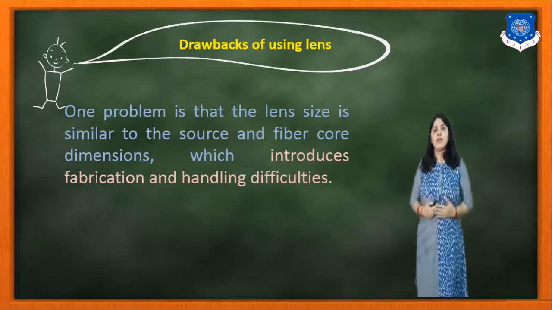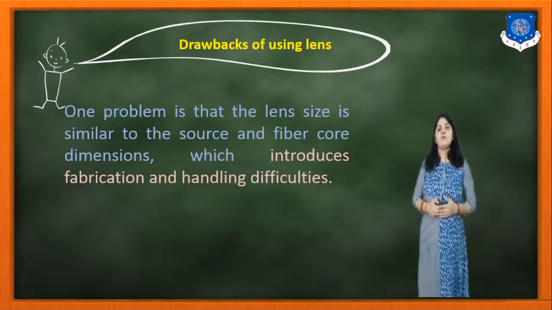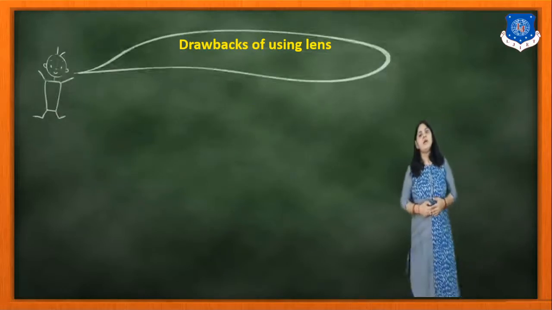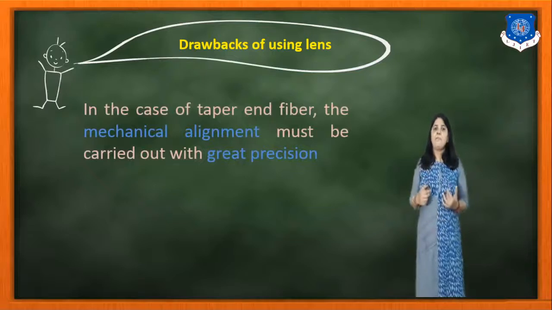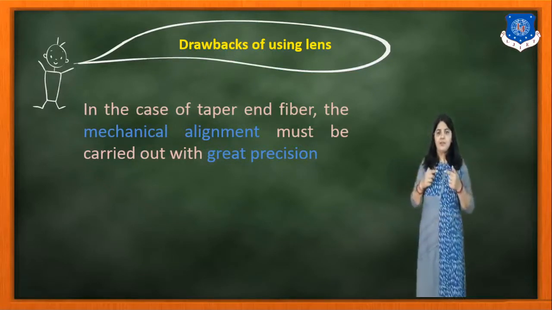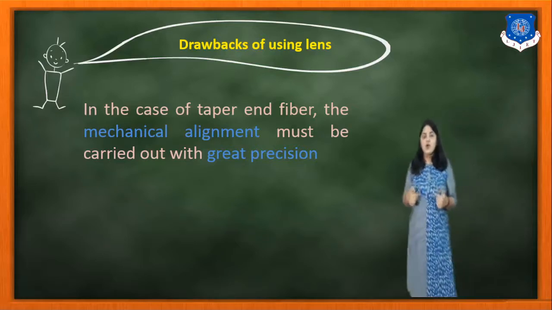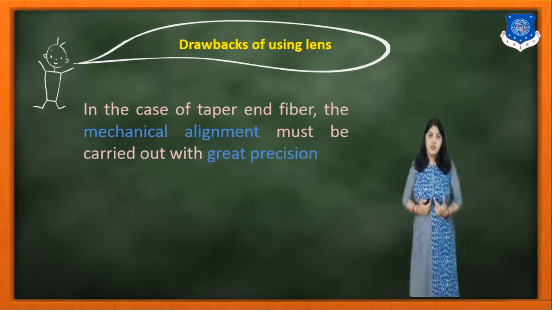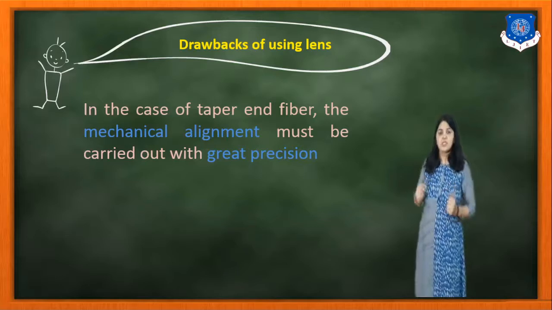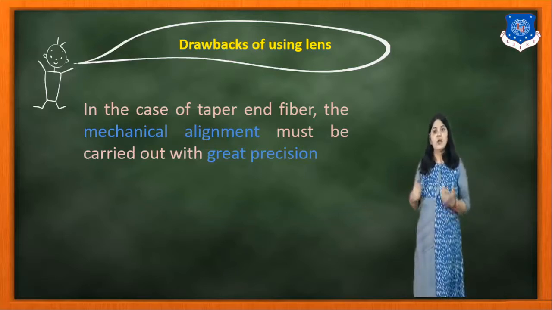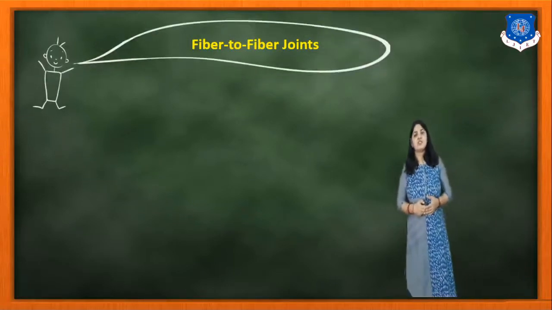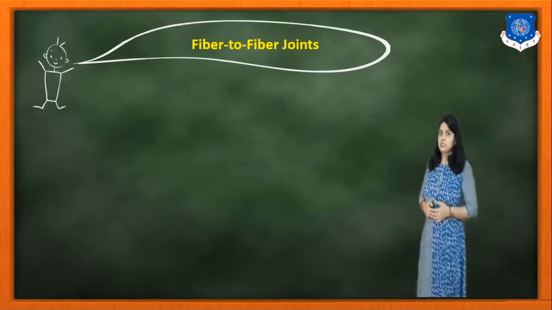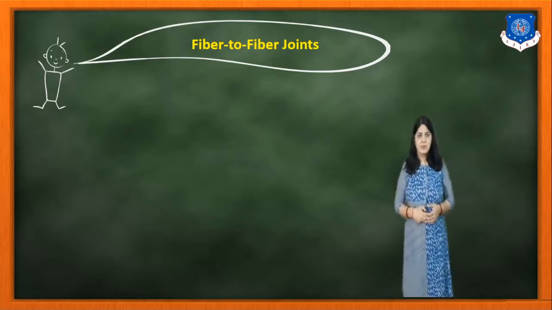The second is that when the taper end fiber is used, the mechanical alignment must be carried out with great precision. If the alignment is not proper, the light can go out through the fiber. So these are the various drawbacks of such lensing schemes.